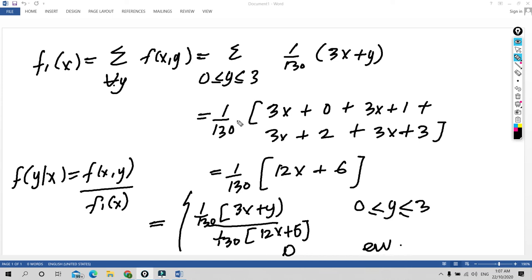This is how you write the probability function of the conditional of y given x.